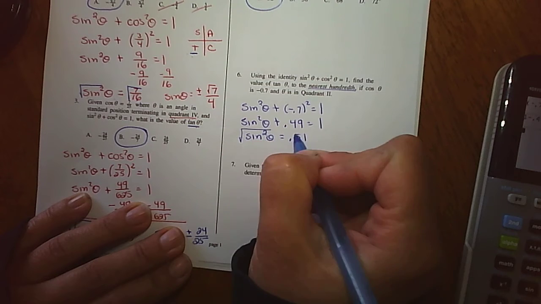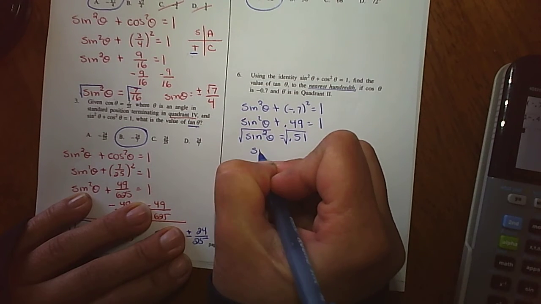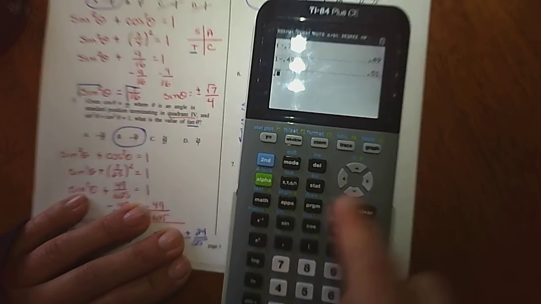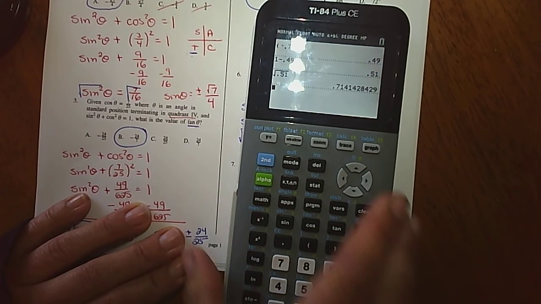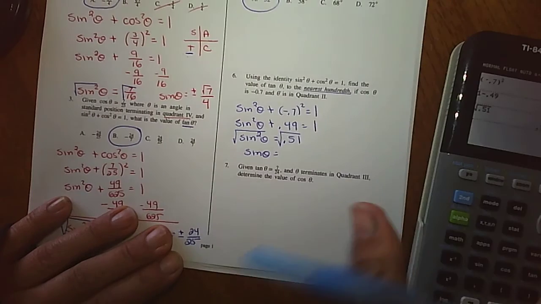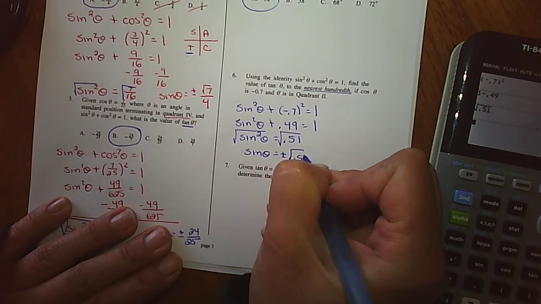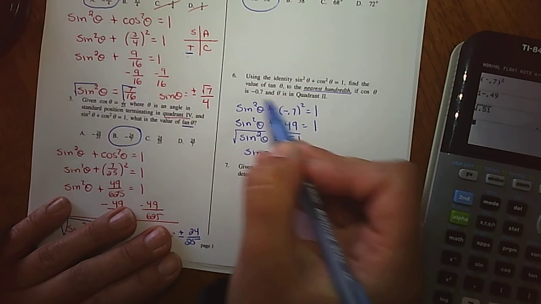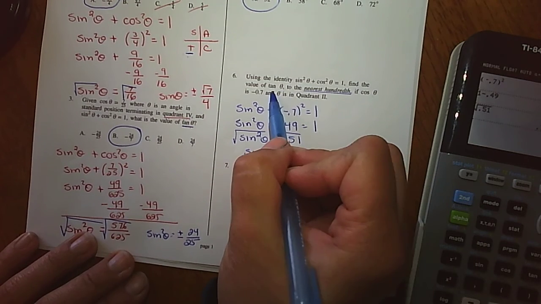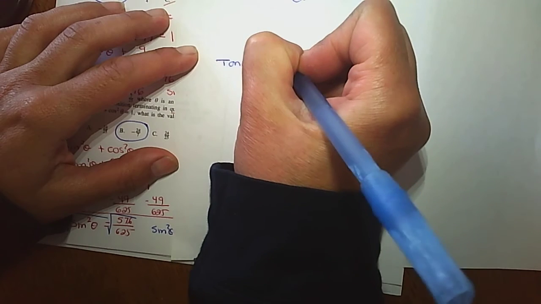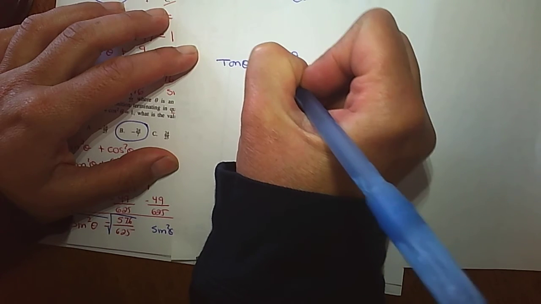And then I'm going to take the square root. All right, so that makes sine theta equals the square root of that guy. That's a big ugly decimal. So you know what I'm going to do? I'm just going to leave it plus minus radical 0.51 for now, because I don't want sine, I want tangent. So again, if I go back to my scrap paper, tangent is equal to sine over cosine.